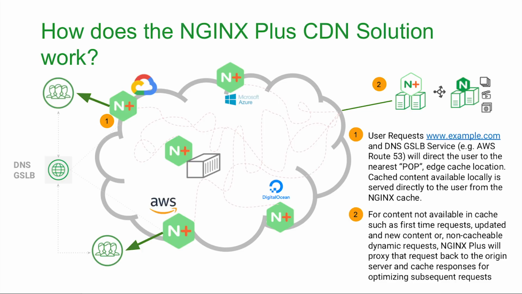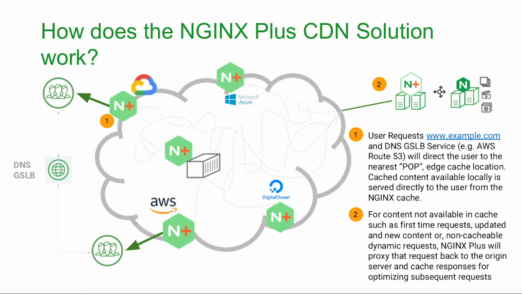With NGINX and NGINX Plus, it can essentially be installed anywhere that Linux can be deployed, which means your CDN solution based on NGINX could be based on your preferred cloud provider, or even a multi-cloud architecture. So NGINX can be deployed on Azure, AWS, Google Cloud, DigitalOcean, essentially anywhere that Linux can be installed.